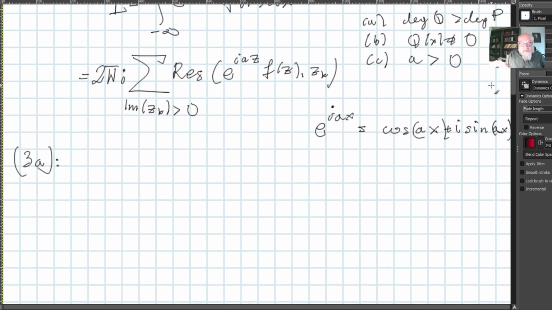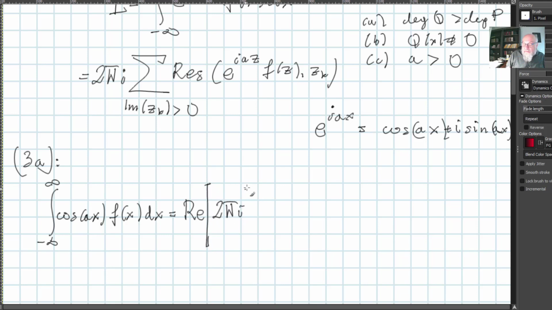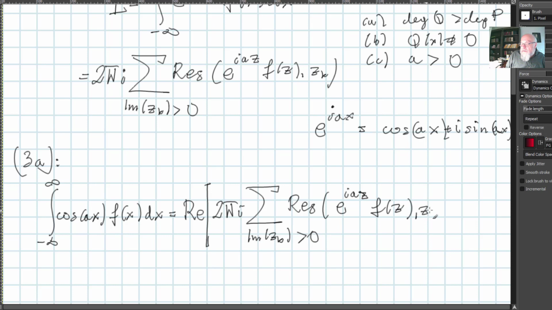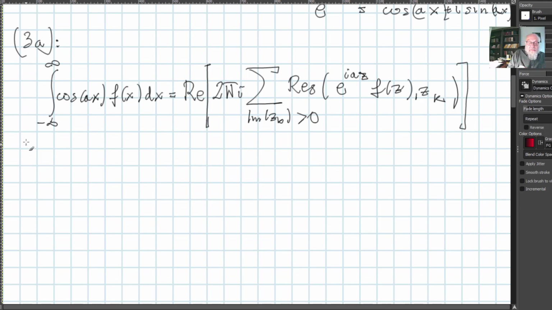So the integral from minus infinity to infinity of cosine ax times the function f of x, that's the rational function, equals the real part of the big bracket 2 pi i times the sum over the singularities with imaginary part larger than 0 of the residue of e^(iaz) f(z) at z_k, and close the second bracket.